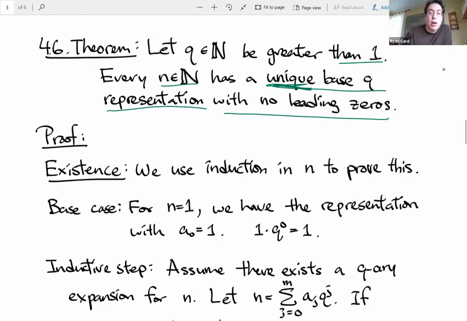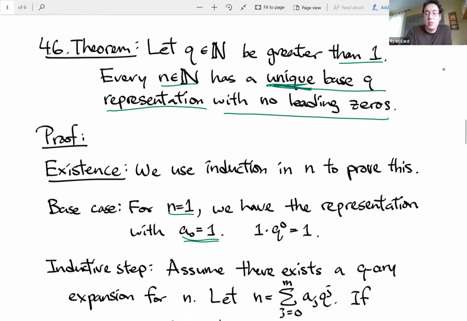Okay, for existence, we're going to use induction. So the base case is easy. We're using the number 1. I want to be able to write down 1 in a different representation. Well, anything to the 0th power is 1. So we just use the coefficient for the power of 0, the 1's place. The coefficient is going to be 1.